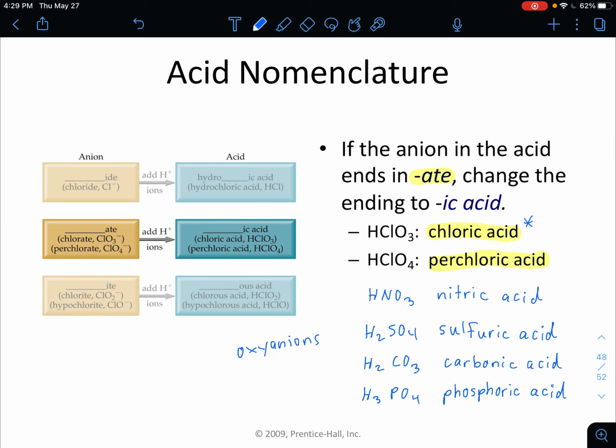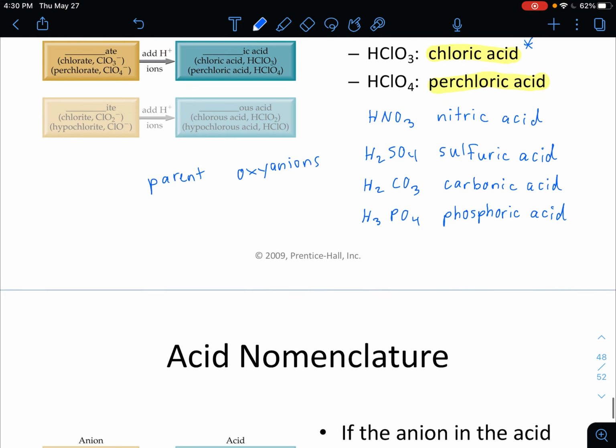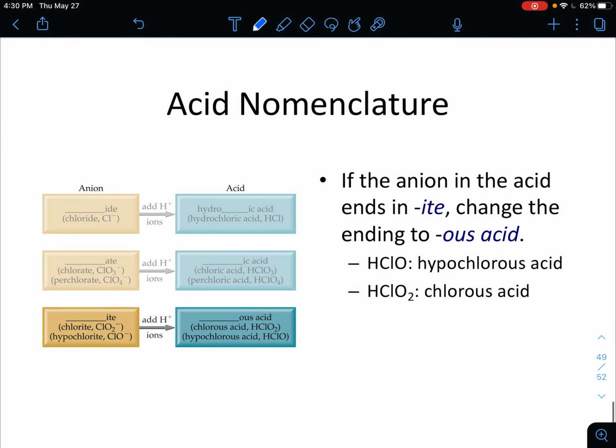So once again, to get the acid nomenclature, it needs to be a neutral molecule where the cation is one or more H+. So that's how we're getting these formulas. So what we've seen here has been with the parent oxyanions, but in the last video we saw the non-parent oxyanions. So we're going to see the acid names also for the non-parent oxyanions. So we'll do that next.